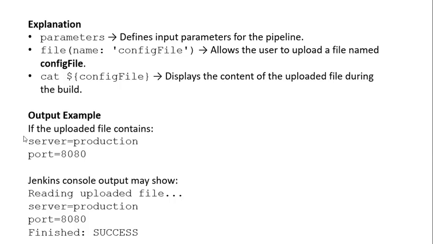The output, if the uploaded file contains server equals production and port equals 8080, the Jenkins console output may show reading the uploaded file, server equals production and port equals 8080, and finish with a success message.